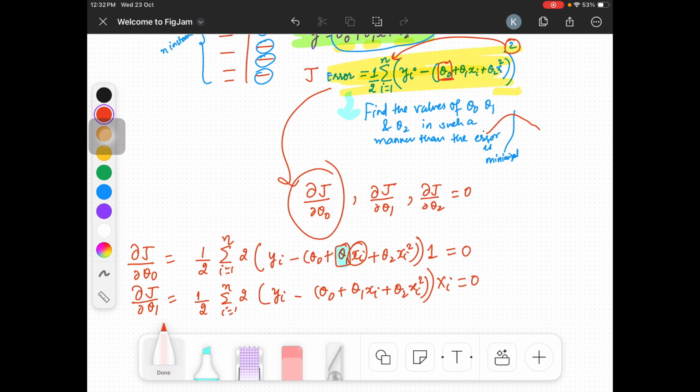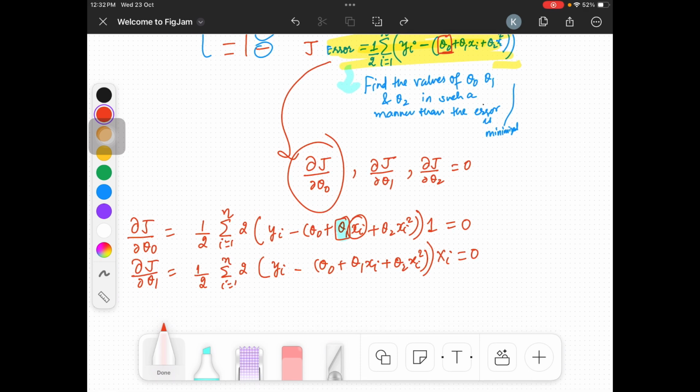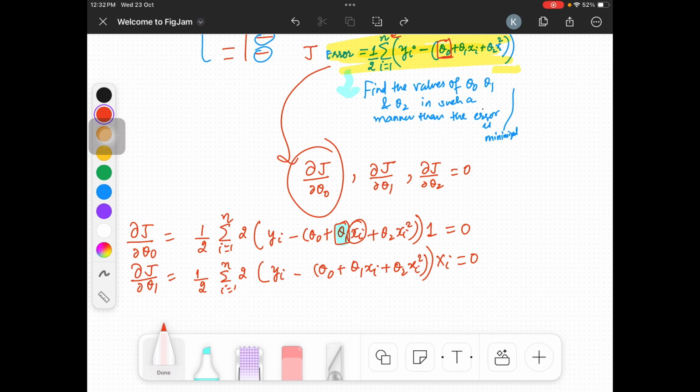Okay, so now we have to do the next derivative with respect to theta 2. So you can see that there is a term theta 2 associated with xi square. So that term will come here when we use the chain rule.